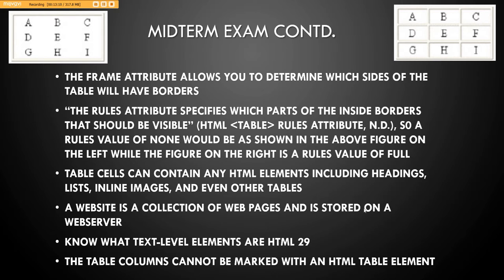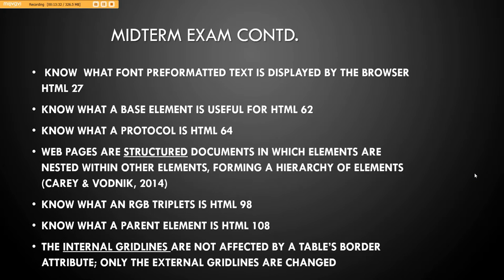Table cells can contain any HTML elements, including headings, lists, inline images, and even other tables. A website is a collection of web pages and is stored on a web server. Know what text level elements are, page 29. Table columns cannot be marked with an HTML table element. Know how preformatted text is displayed by the browser, that's HTML27.